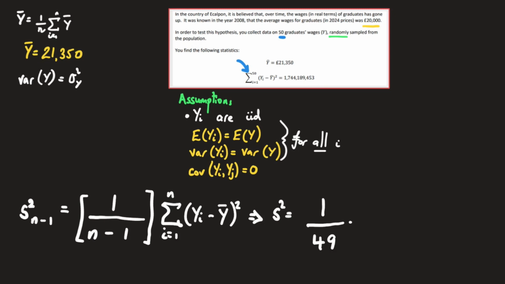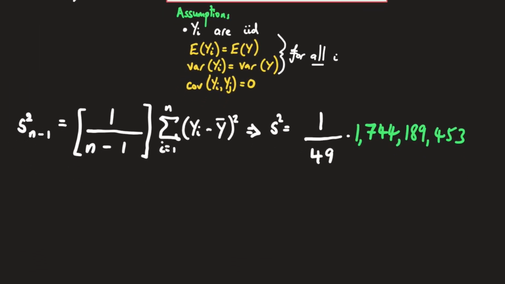So let's write that down. 1,744,189,453. And if we calculate our estimate, this gives us an estimate of the variance of y equal to 35,595,703.122.